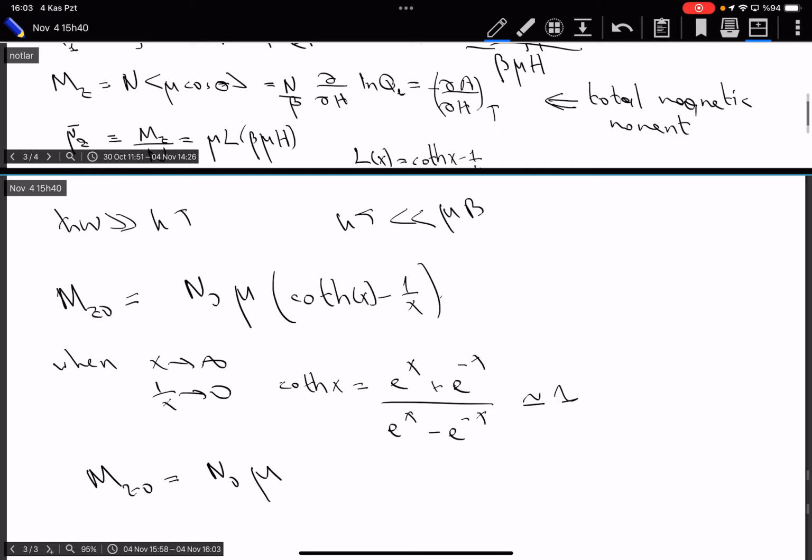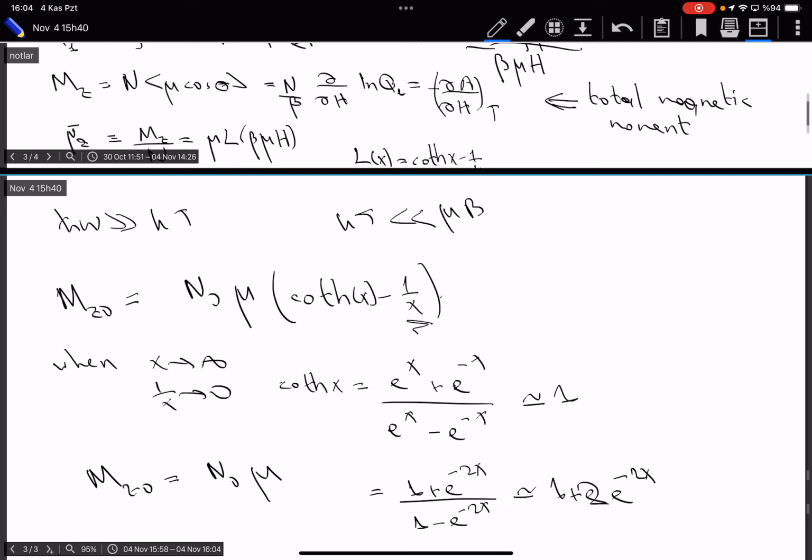If you want, I can write this as 1 plus e to the power minus 2x divided by 1 minus e to the power minus 2x. E to the power minus 2x is a very small number, so you can expand it in terms of e to the power minus 2x, which will be 1 plus twice e to the power minus 2x. But this will be much, much smaller if x is large compared to this 1 over x.